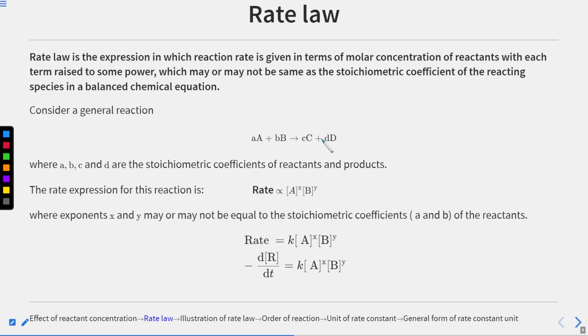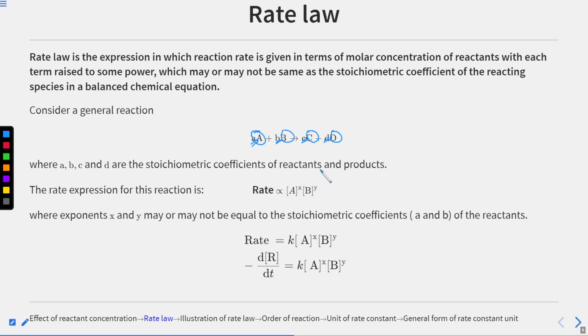For this, I have put up an illustration here. Suppose we have a reaction going from reactants A and B to products C and D, and these small a, b, c, d are the stoichiometric coefficients of the reactants and products.